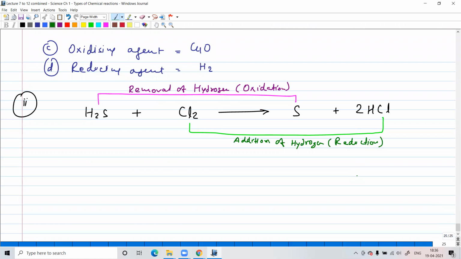Tell me, is it clear so far? Where the oxidation is happening, where the reduction is happening. Now you have to answer the questions like, what substance got oxidized? Hydrogen sulfide.